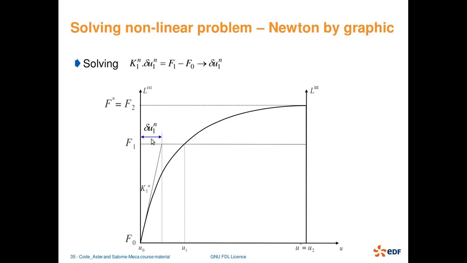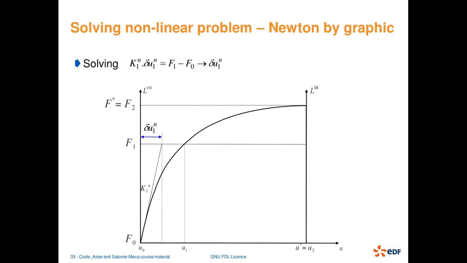My difference between the loads is f1 minus f0, and this stiffness matrix times del un gives me this difference. So by solving that, I find this del u1 in the nth iteration.